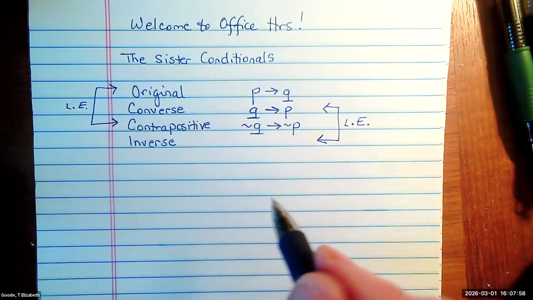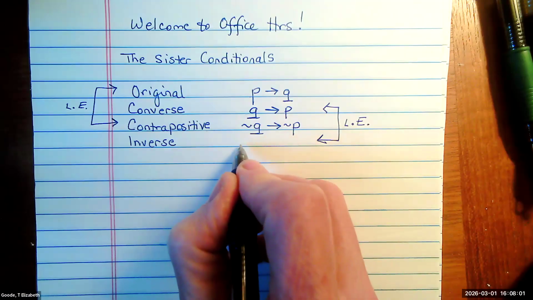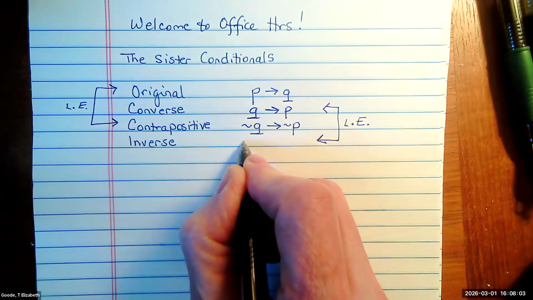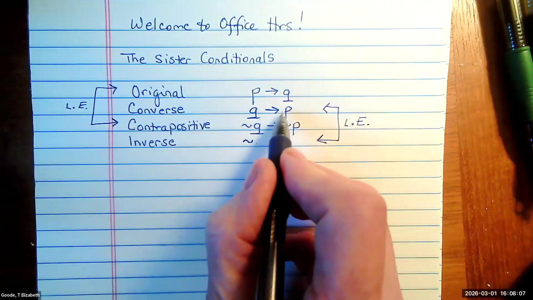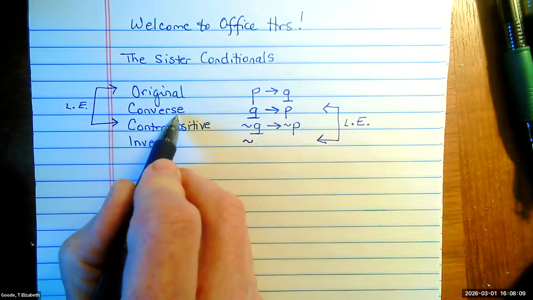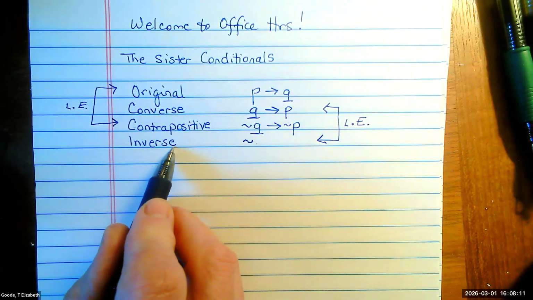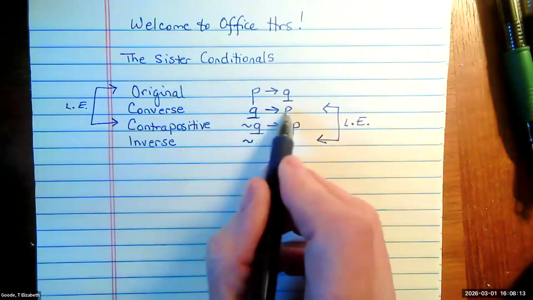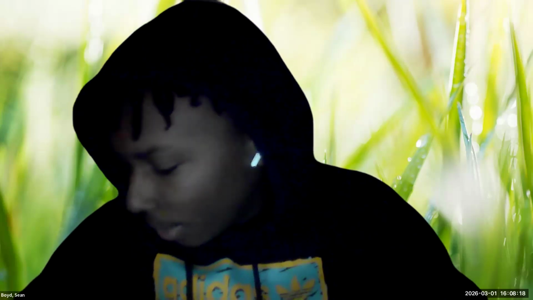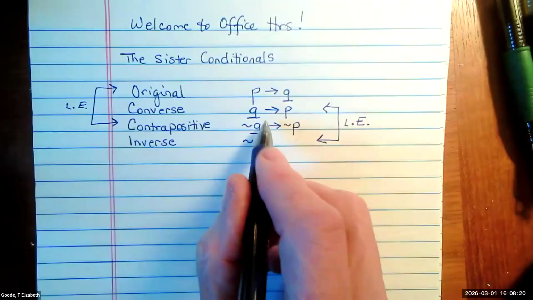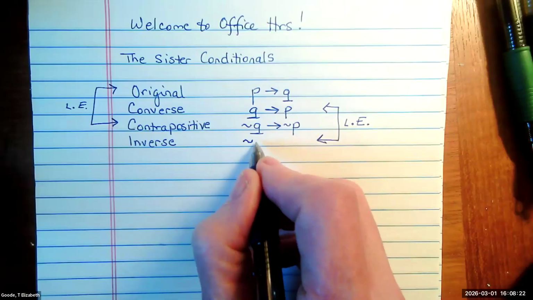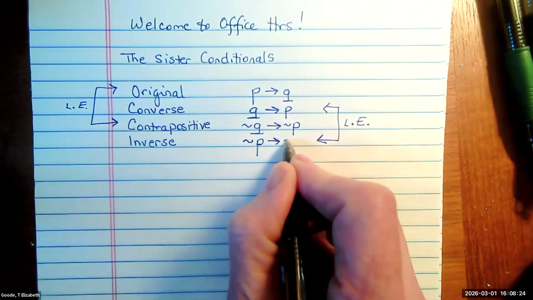You will have the inverse. What's it going to be? If Q then P. Well, if Q then P is the converse, we're looking for the inverse. We take the converse and find its contrapositive. If not Q, then not P. If not P, then not Q. Yeah. If not P, then not Q.